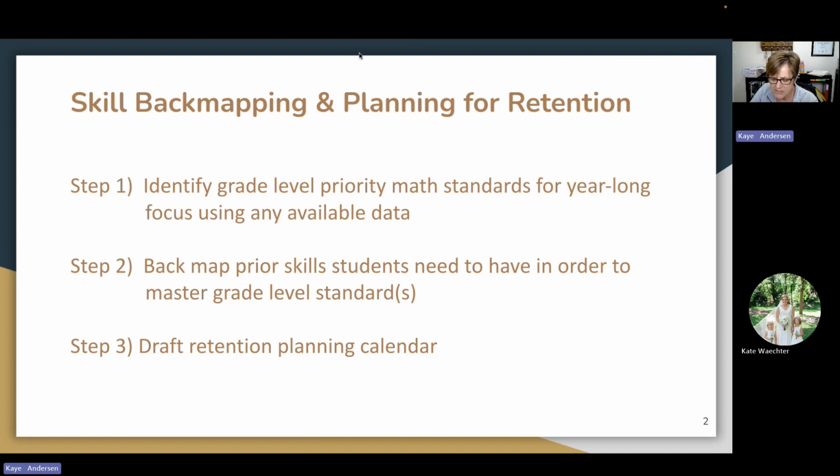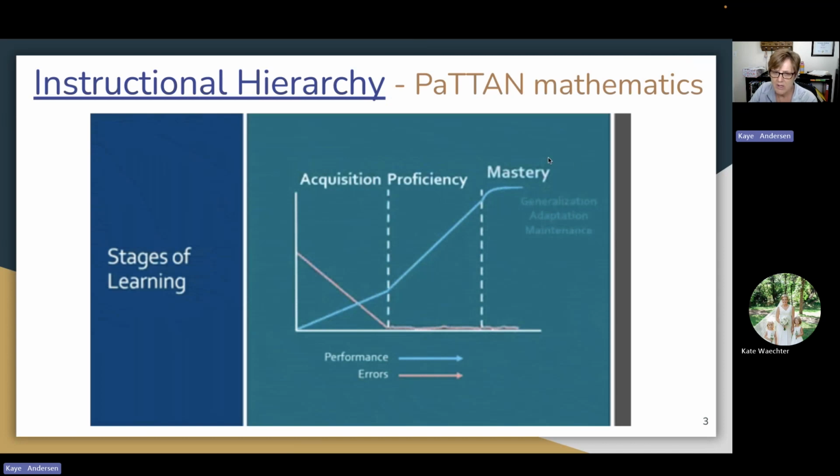If you've attended our chats prior to this one, you've seen our instructional hierarchy from Pennsylvania Mathematics. It does a nice job of showing where the different areas of math proficiency are happening. Most of our new skills are taught at the acquisition level, and then we move into the proficiency level.